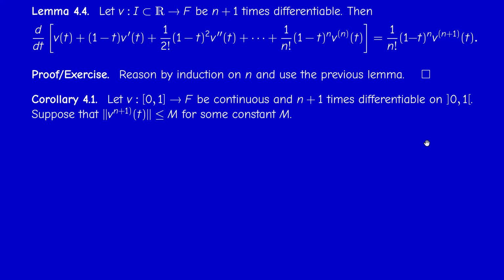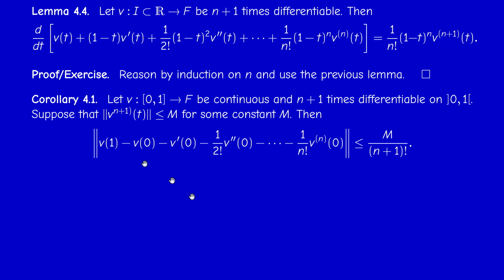Corollary. If v is a continuous function from the closed interval [0, 1] into a normed space F, which is n plus 1 times differentiable on the open interval (0, 1), and whose n plus 1 derivative is bounded by some constant M, then the norm of v(1) minus v(0) minus v prime of 0 minus 1/2 v double prime minus etc. minus 1 over n factorial v^(n) at 0 is less than this constant M divided by (n plus 1) factorial.